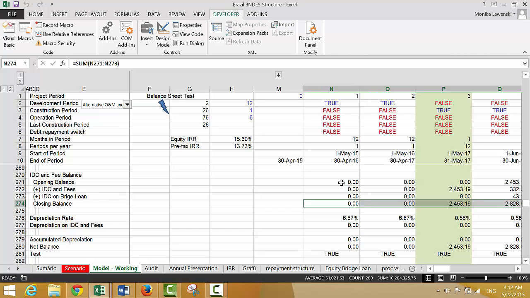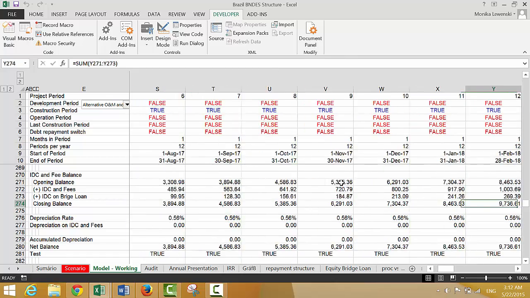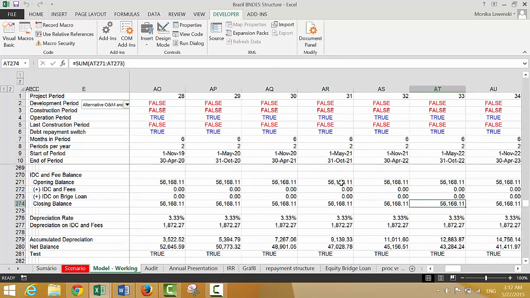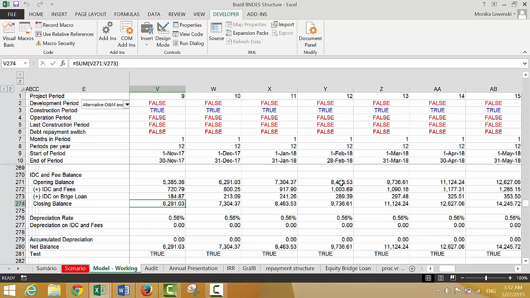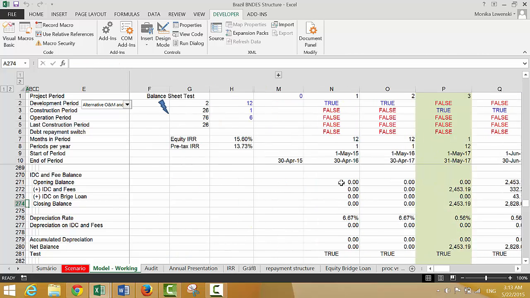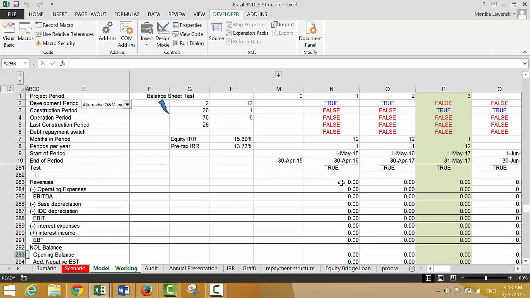Okay, now I think when we do this, the balance sheet won't balance. And that should have made it balance. And then we depreciate all of that.